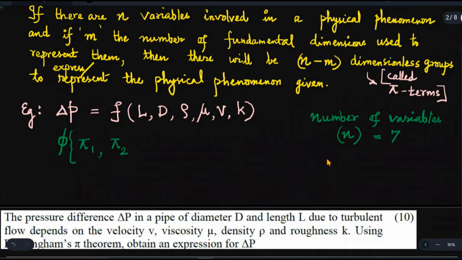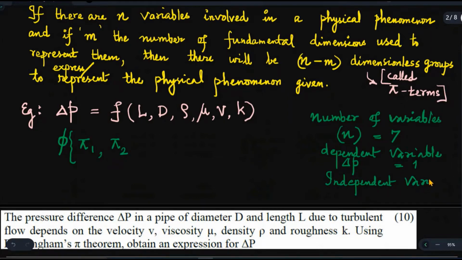And out of which the dependent variable is 1, which is delta P. So the dependent variable is 1, and the independent variables on which this delta P depends are 6 variables.